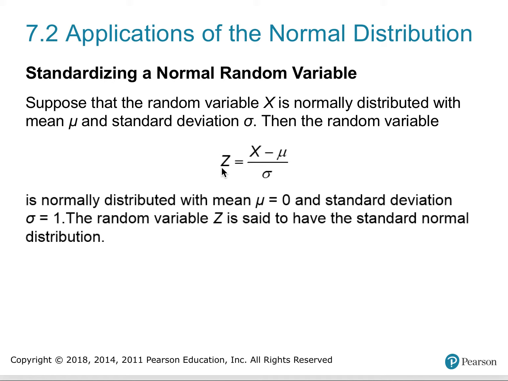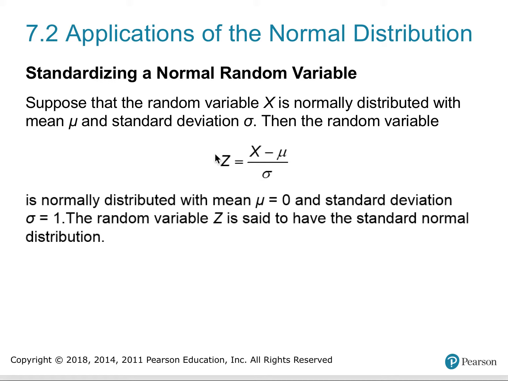What this does is it shifts all our information around. Remember, if it's normally distributed, it's a symmetric bell-shaped curve, and all symmetric bell-shaped curves are basically the same. Some are skinnier, some are shifted over right or left.